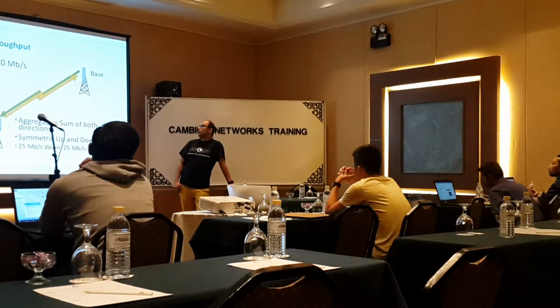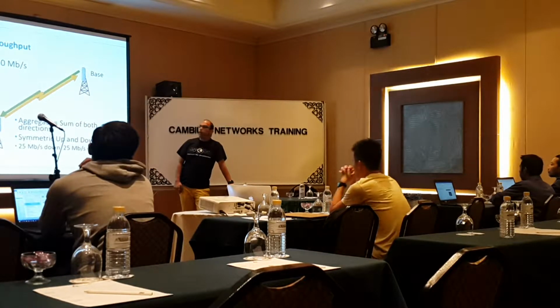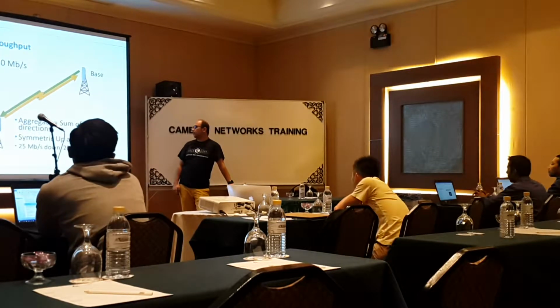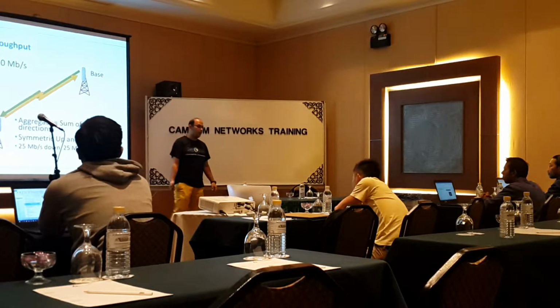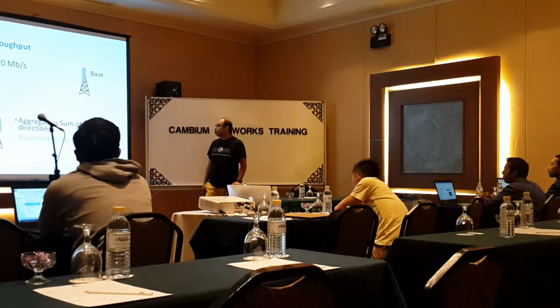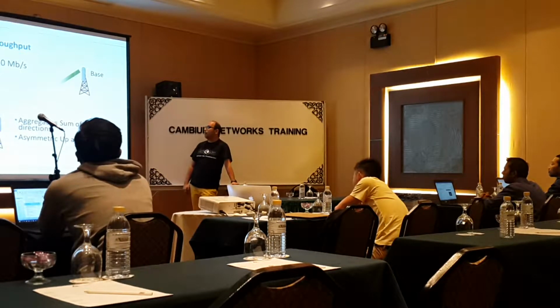So if you've got like 50 meg, then 25 down, 25 up. This is the symmetric one. But also it's possible to have asymmetric down and up, like 35 down, 15 up. So it means your down is more than double the upload.